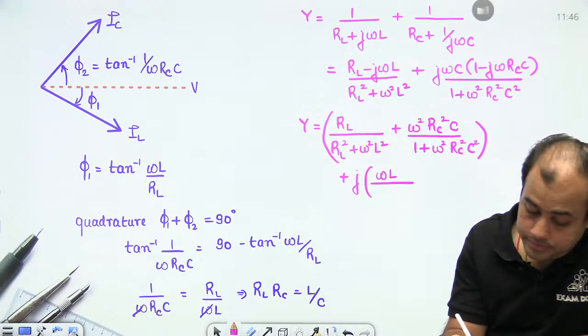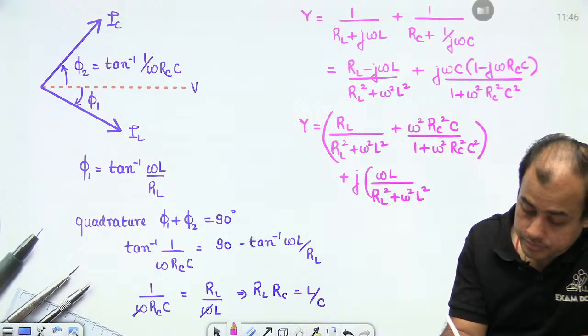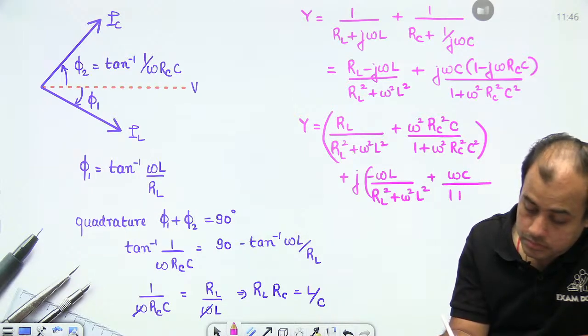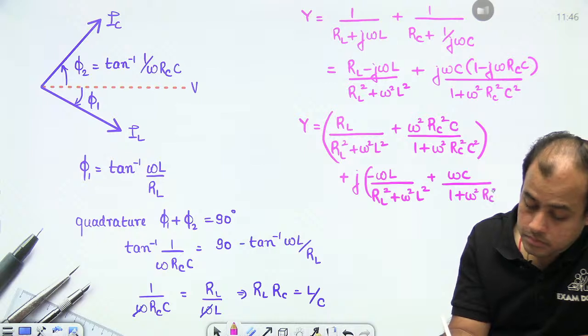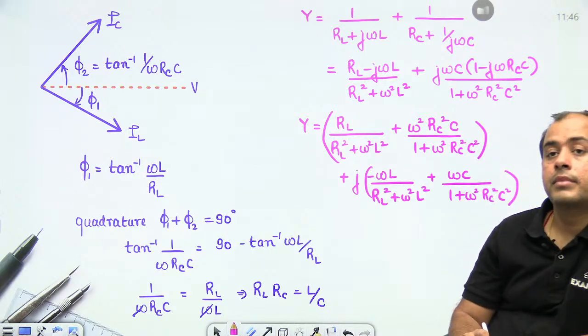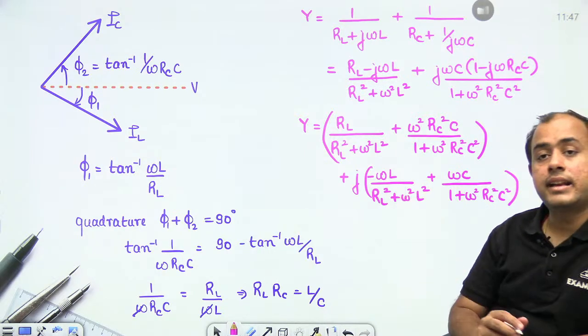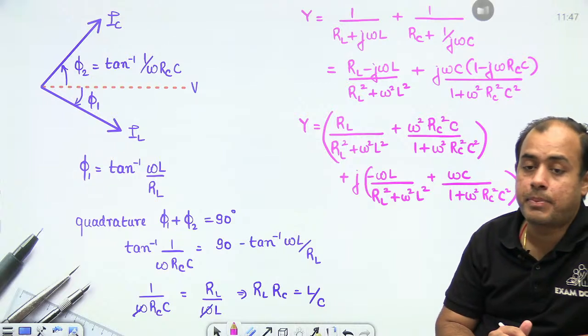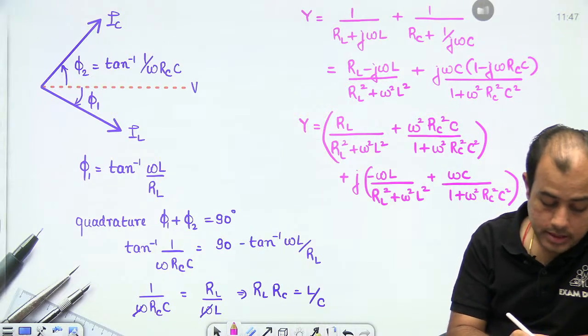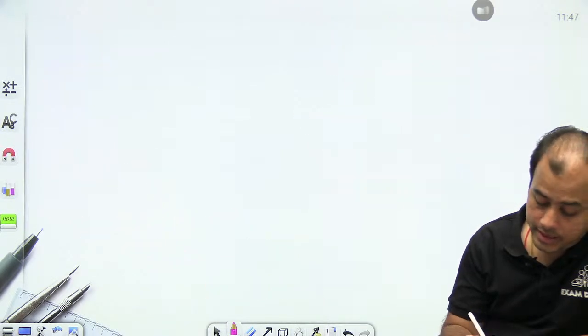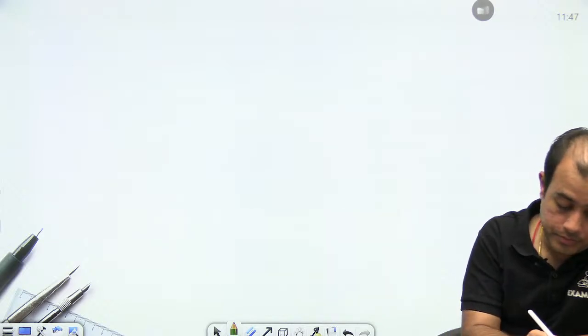Omega L. So now, at resonance, the imaginary part will be 0.